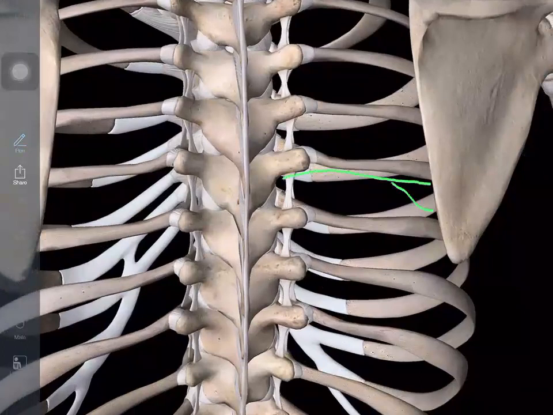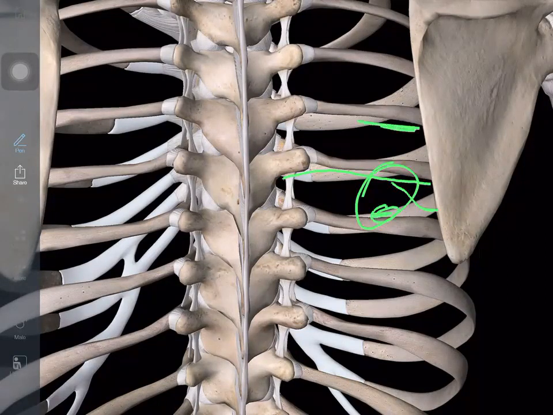So in case we want to do a needle insertion into the intercostal space, what we have to do is insert the needle right above the ribs, because you know that below the ribs at every level you have the main intercostal nerve running, so you can damage the intercostal nerve at that level.